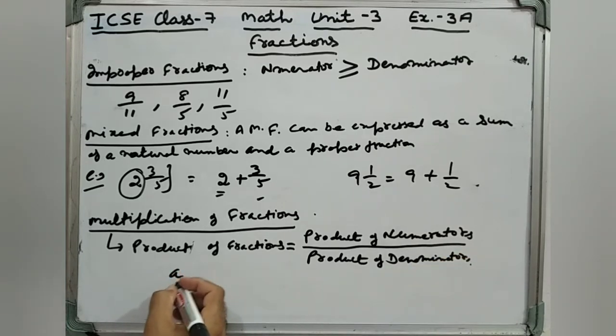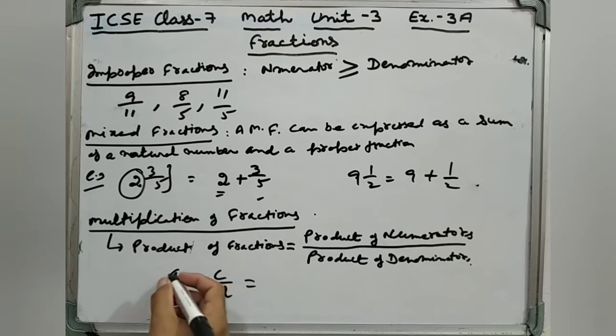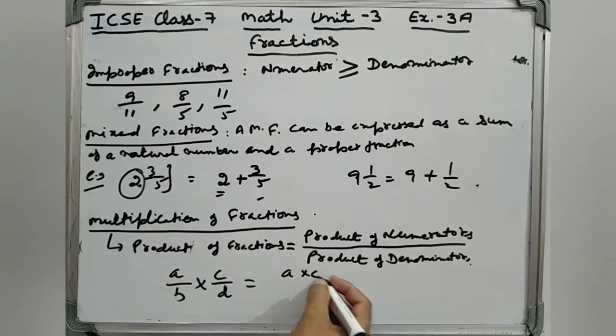Suppose we have two fractions a upon b and we want to multiply it by c upon d. Product of numerators a multiplied by c, product of denominators b multiplied by d. Right, students?